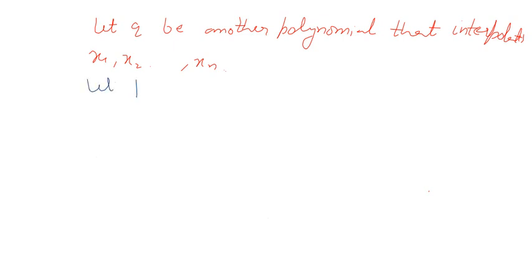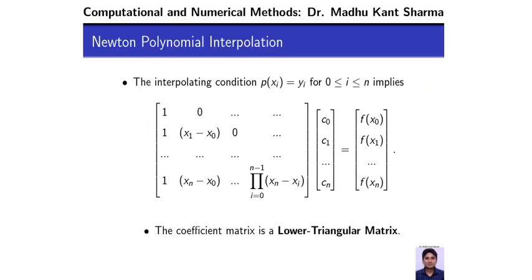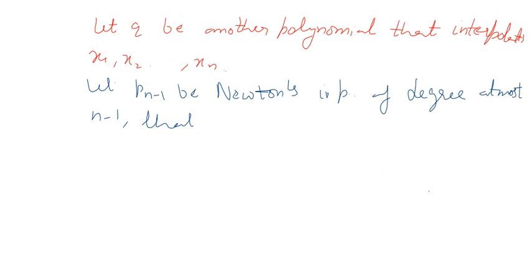Further, let Pn minus 1 be Newton's interpolating polynomial of degree at most n minus 1 that interpolates x naught to xn minus 1.